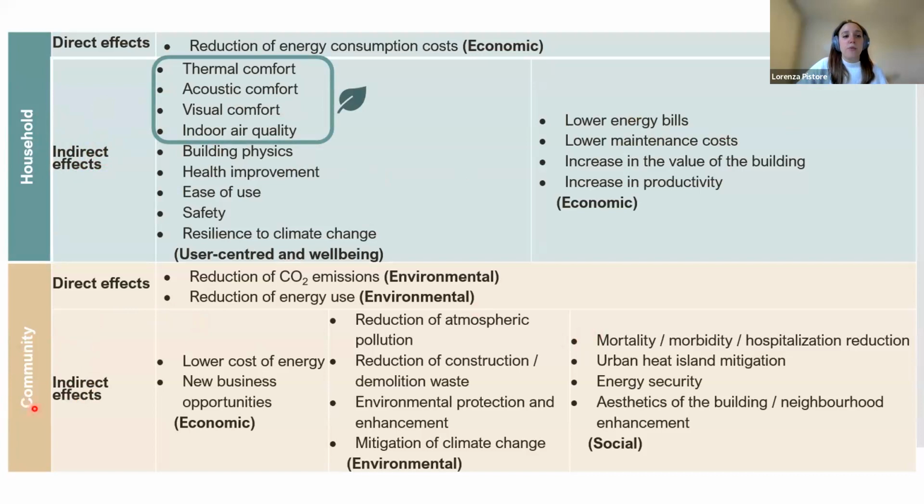Or if we look at the indirect effects at the community level, we can have a reduction of atmospheric pollution, a reduction of demolition waste, an enhancement of environmental protection, but also a reduction, and this is key, of mortality, morbidity, and hospitalization, energy security for people, and security to access energy. So also in terms of energy poverty.